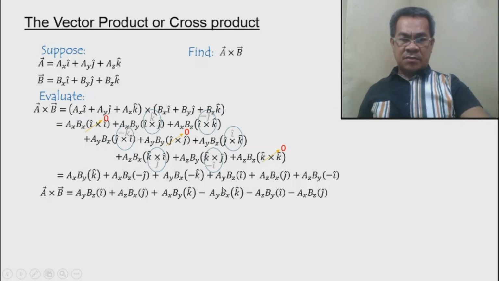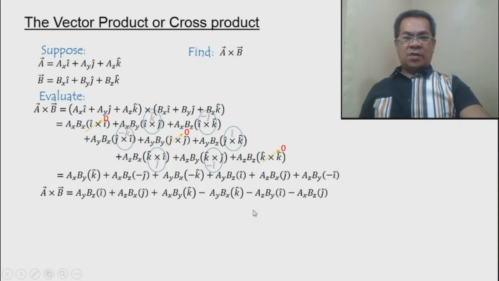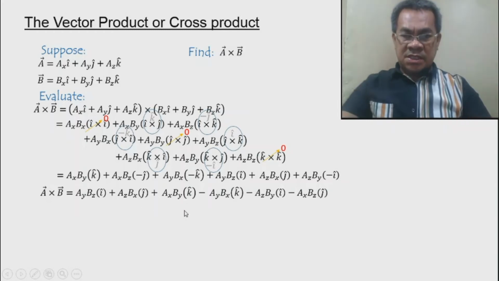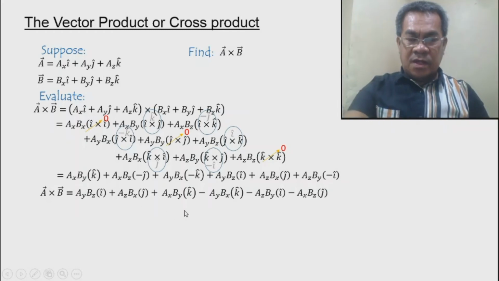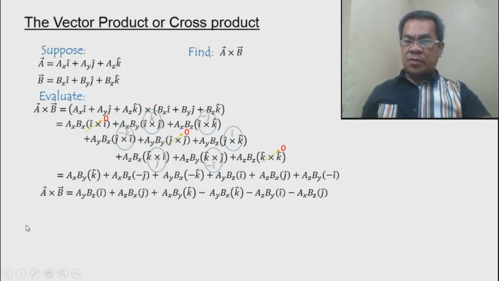The three negatives, also we have AY BX, AZ BY, and finally we have AX BZ. So we arrange this one, combining all positives. Now this is the result. Meaning if you take the cross product of A cross B, this will be the result.